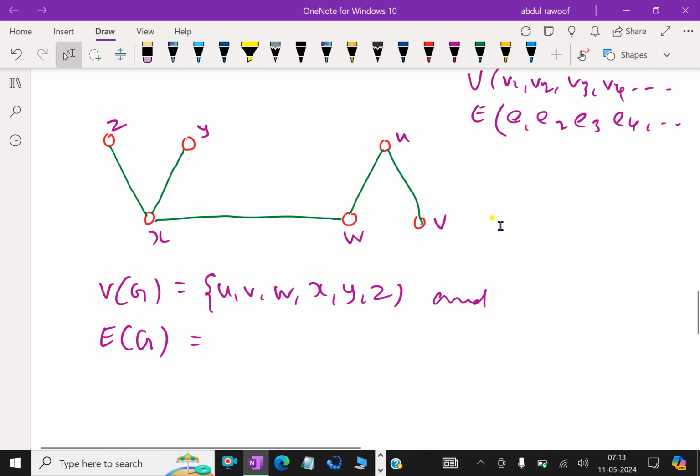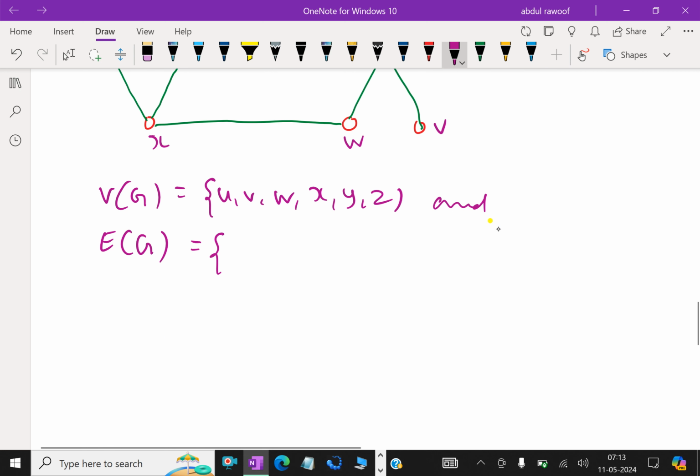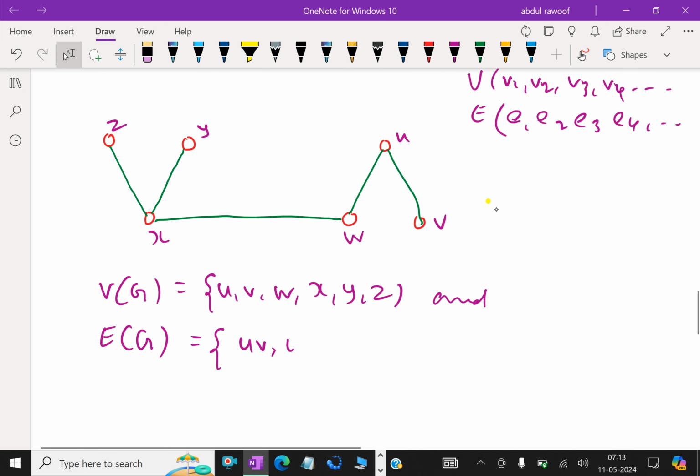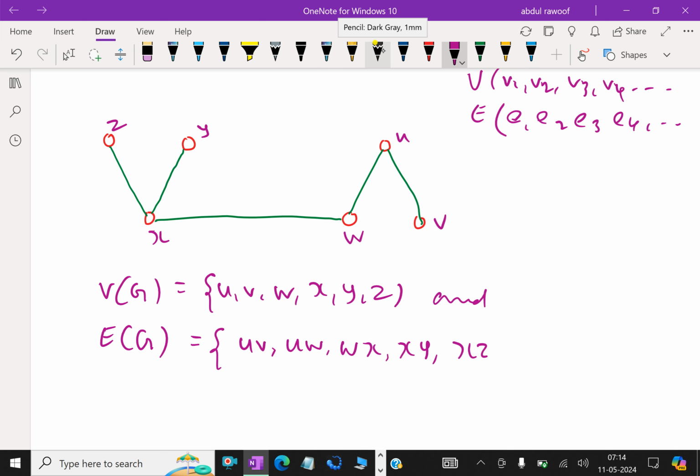U and V are connected, that is UV, and UW, W to X, and X to Y, and X to Z. We represent V of G as the nodes, that is U, V, W, X, Y, Z, and E of G means connecting two vertices, that is UV, UW, WX, XY, and XZ.